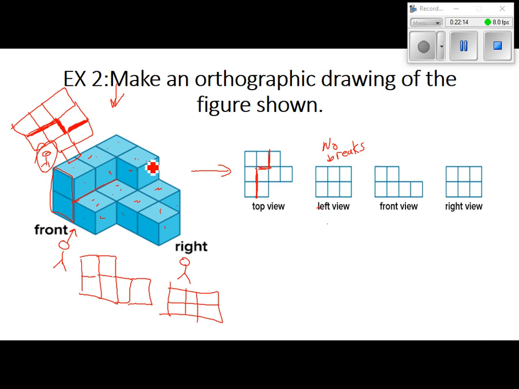I can't see any of this stuff back here. Then the front view, if I'm looking here, I got my 2 blocks, nothing in that one. But then I go to this one, and it breaks back into here. And should break back into there.